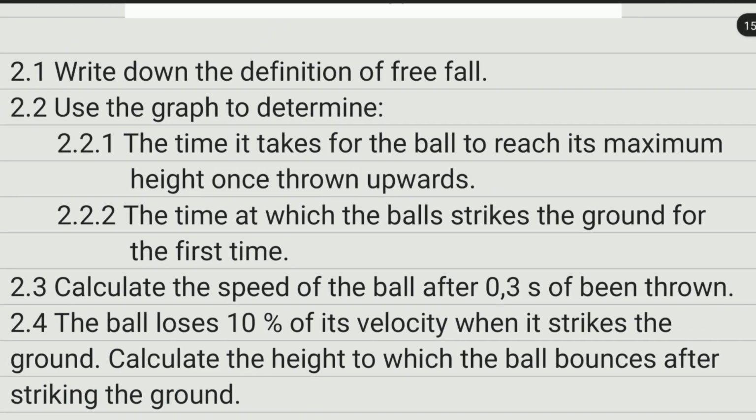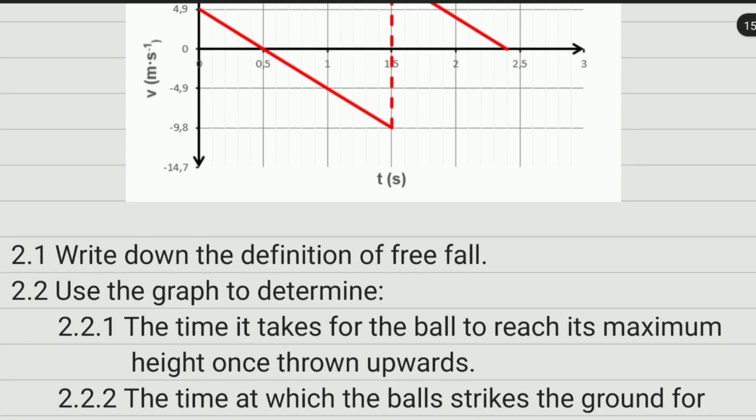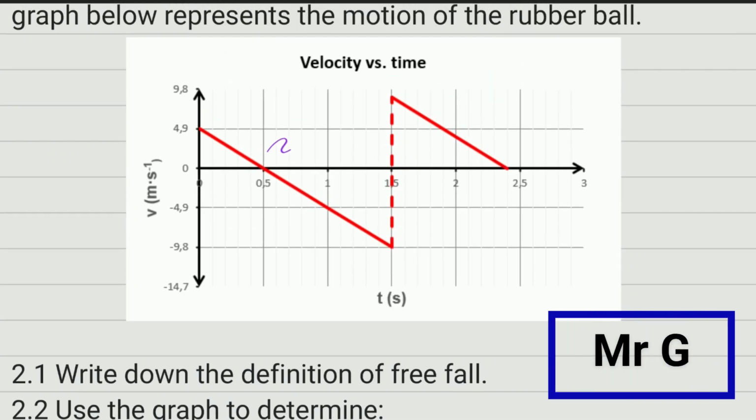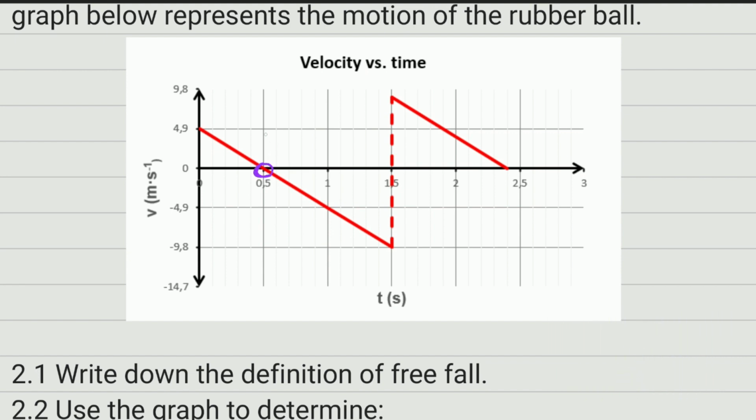Question 2.2.1, determine the time it takes for the ball to reach its maximum height upon it was thrown. Now, from the graph, this here is the time it took at the maximum height. When the velocity is there and the time is there, the object is at maximum height. This one, please watch the video.